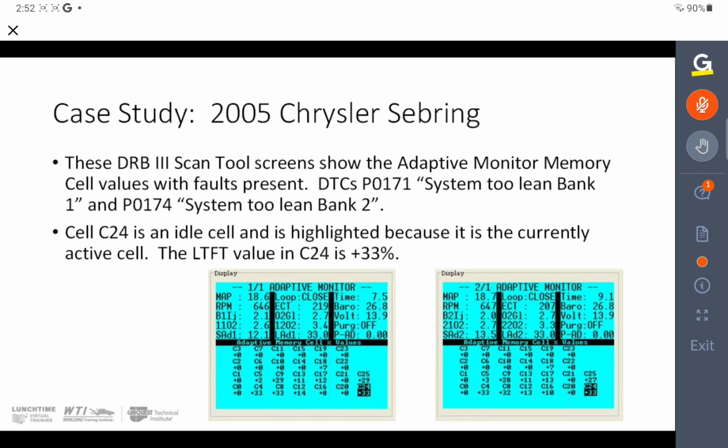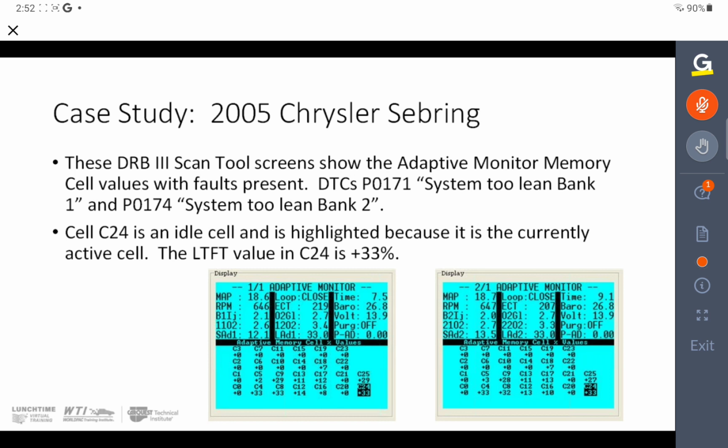Looking at the data PIDs for the scan tool, for the 171 and 174, you can see that cell 24, remember on a Chrysler DRB3, they're giving you the cell map down at the bottom, and the top half is what's actually going on for the data PIDs.